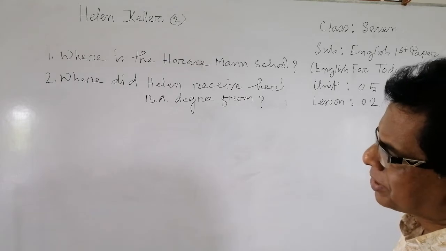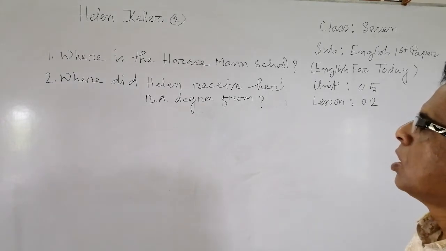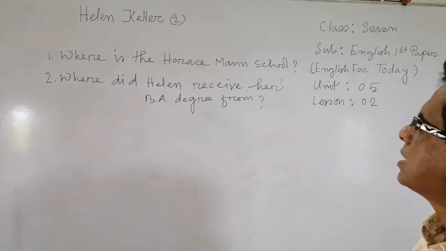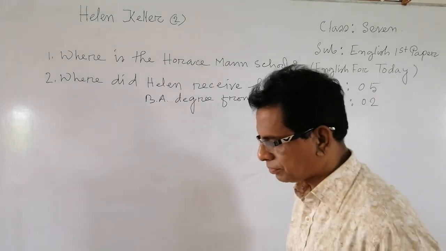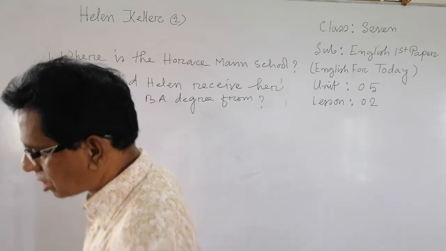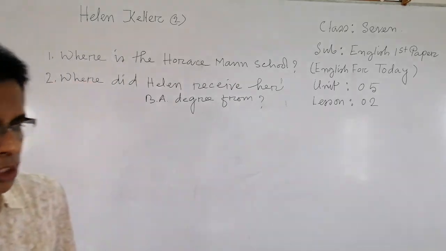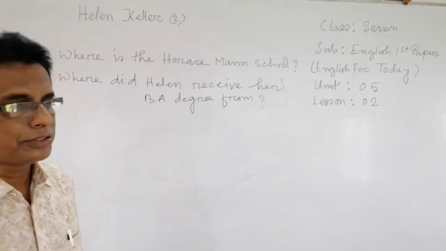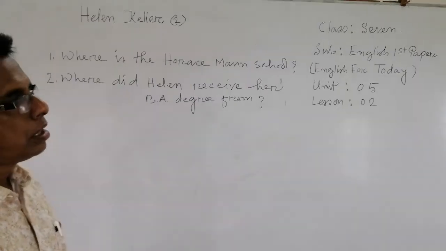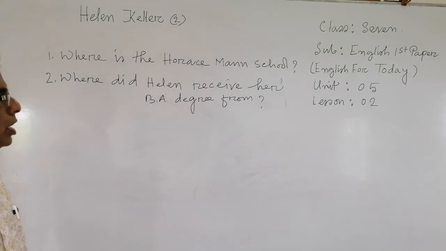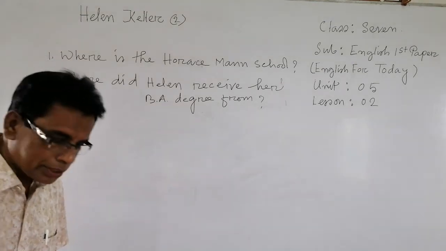In the second question, where did Helen receive her BA degree from? Helen was admitted into a college named Radcliffe College. From here, she received her BA degree with honors.